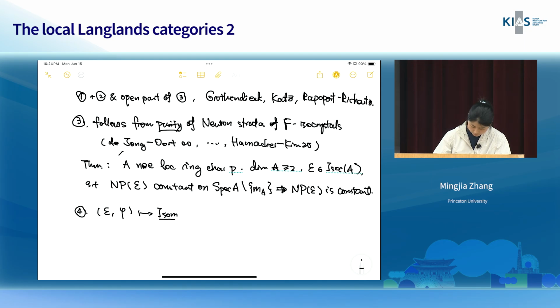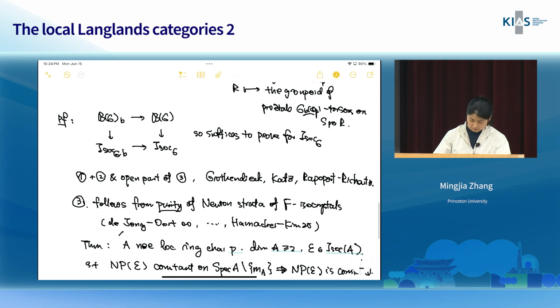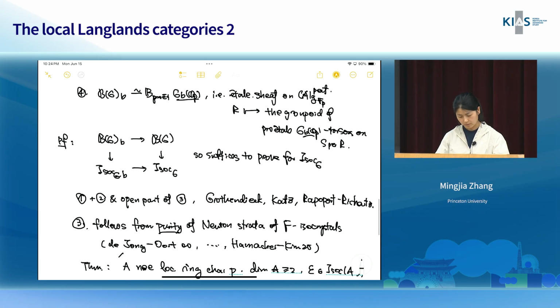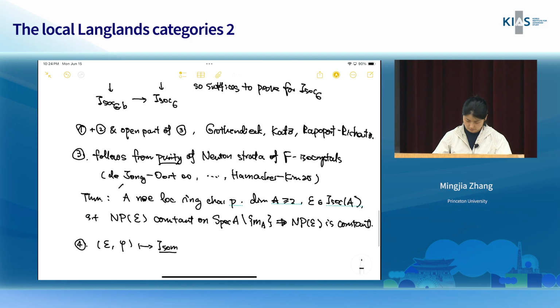So here, one can construct a map from the left to the right by just looking at such an element in BG, which corresponds to this vector bundle, this G-bundle on the punctured disk quotienting out Frobenius, and you can look at the pro-étale sheaf of trivializations of this thing.